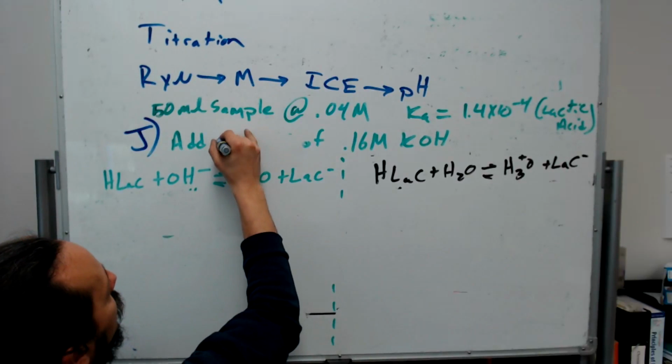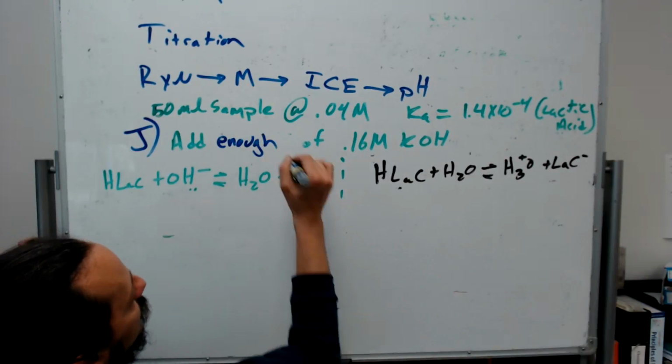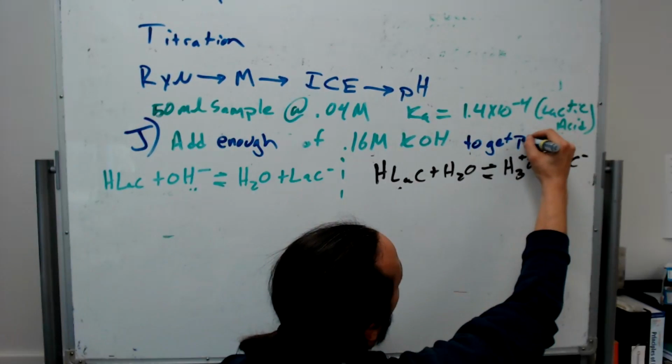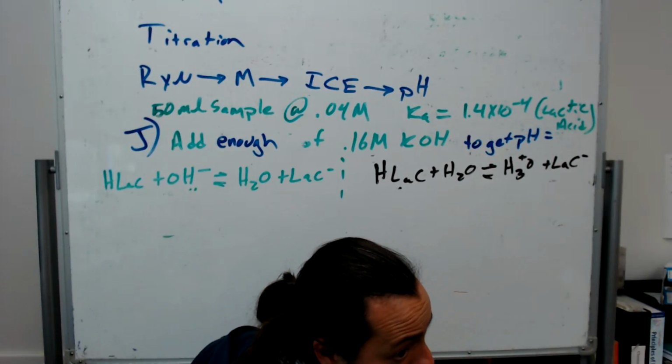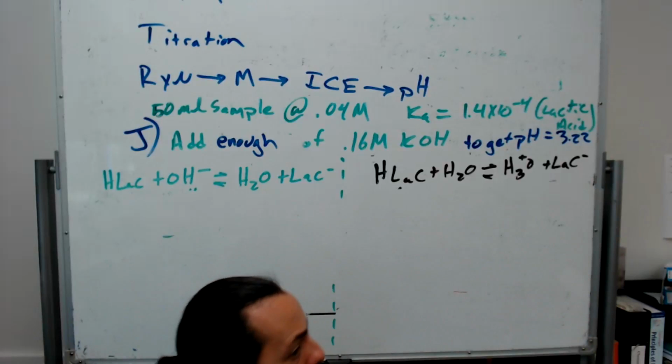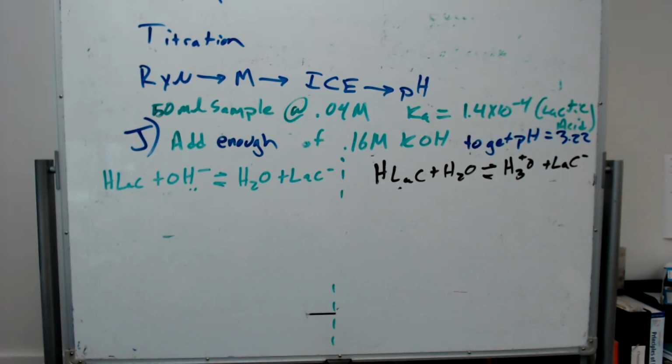Problem J. We're trying to get to a pH of 3.22. So right away, we know it should be less than 7.5 milliliters.